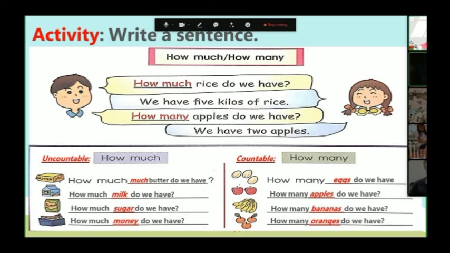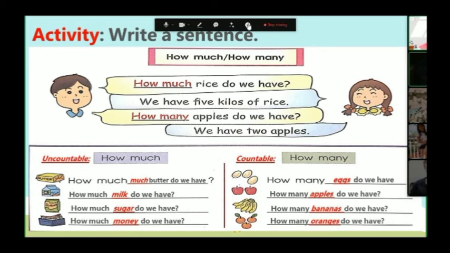Okay, practice your letter S. Next, bananas. How many bananas do we have? Okay, next, oranges. How many oranges do we have? Very good.